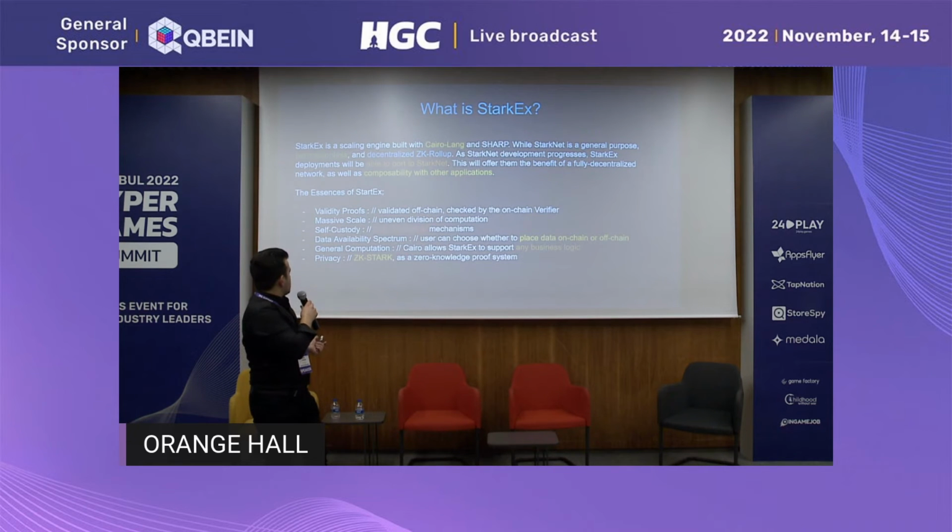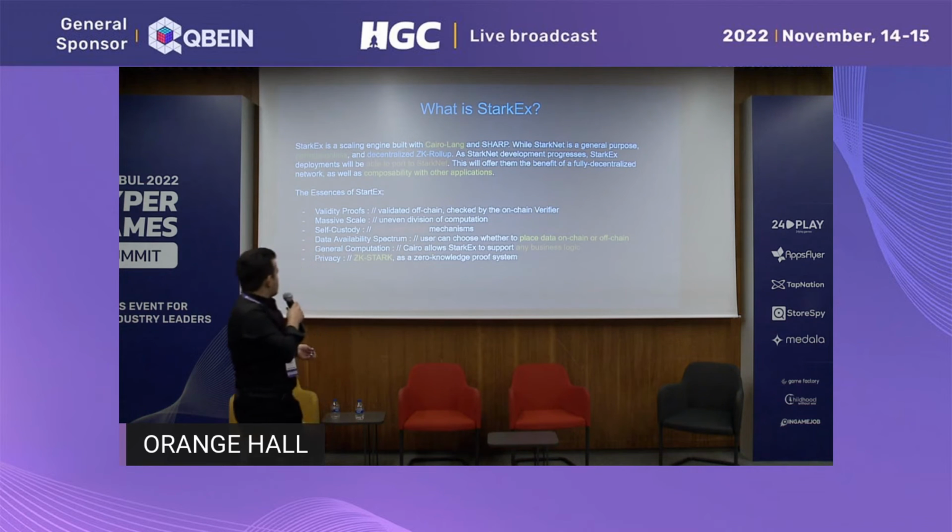StarkX deployments will be able to port to Starknet when it's launched. It's not launched yet. It will be a port to Starknet. This will offer them the benefit of a fully decentralized network as well as composability with the other applications.